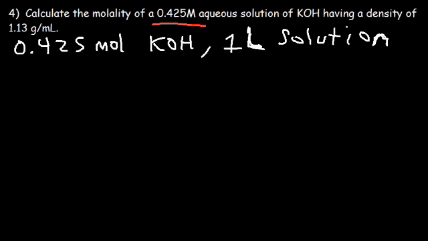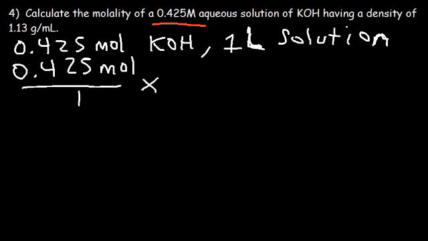So since we have the moles of KOH, we can find the grams of KOH. So let's go ahead and do that. So 0.425 moles of KOH times, we need to get the molar mass. The molar mass of K is about 39.1. And for oxygen, it's 16. And for hydrogen, it's about 1.008. Or you could just say 1.